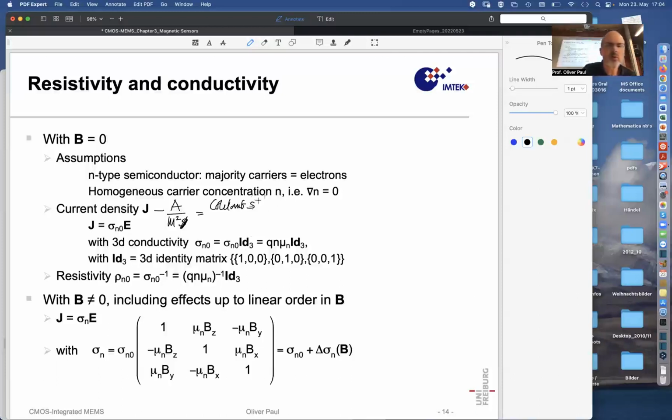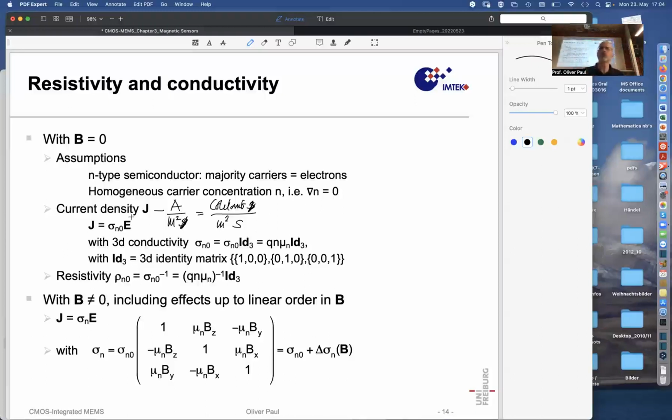So coulomb per square meter per second. This is ampere. And now these amperes flow per square meter of cross section. That's the current density. And we all know that the current density is proportional to the electric field. If we apply an electric field to a conductor, a current will flow, current density will flow, and that is going to be proportional to the electric field.